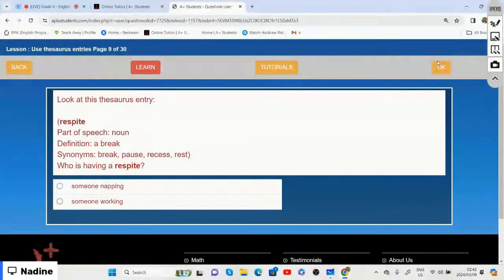Respite. Remember in the thesaurus, we basically only have these types of words, but alphabetically.